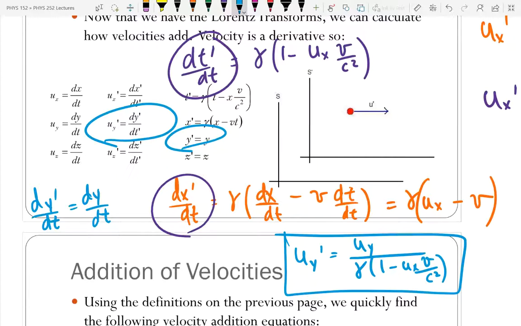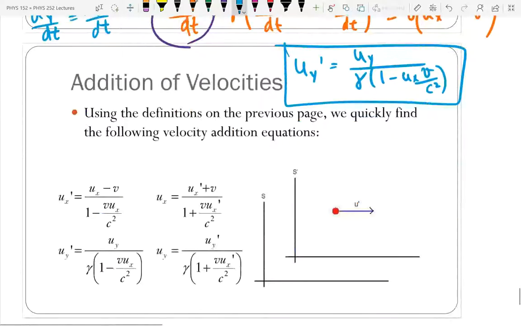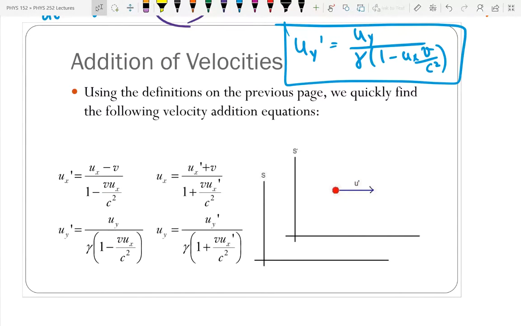And so there's the transformation of velocity in a direction perpendicular to the direction that the reference frame is moving. Even though the length in that direction doesn't change, the speed does. Why? Because of time dilation, because time is traveling at a different rate. So the length is the same, but it's a different time for the change of the length.